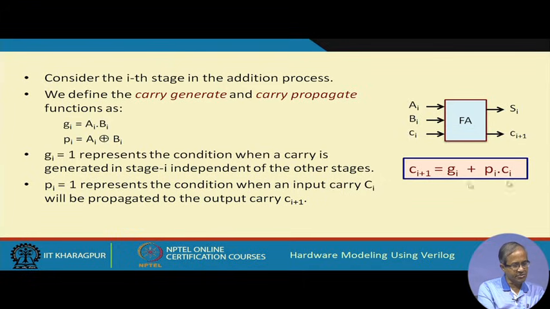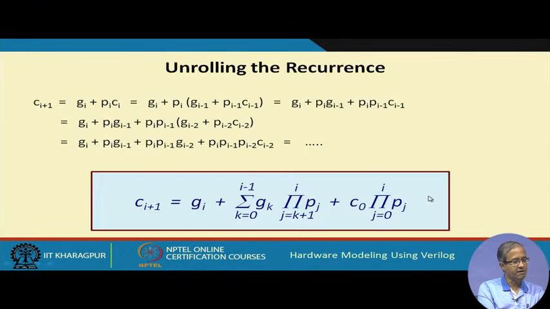Now, this you can use recursively to find out an expression, c i plus 1 equal to g i plus p i c i. So, you can write this c i as g i minus 1 plus p i minus 1 c i minus 1, you can expand it like this. This c i minus 1 again you can write as g i minus 2 plus p i minus 2 c i minus 2, like this you can recursively go on expanding.